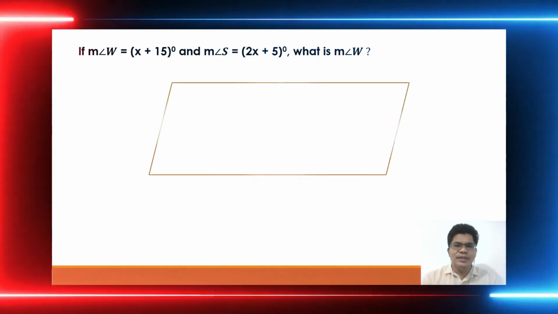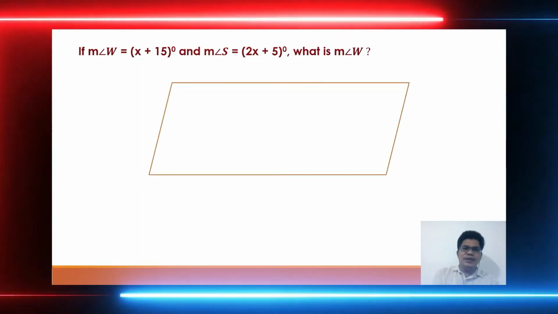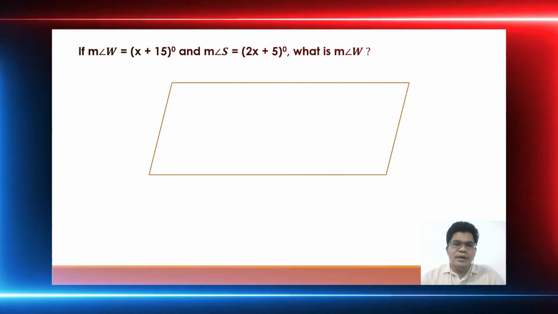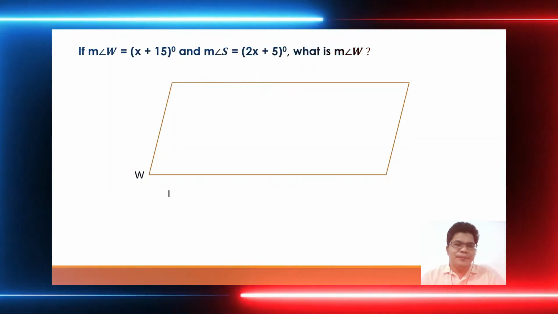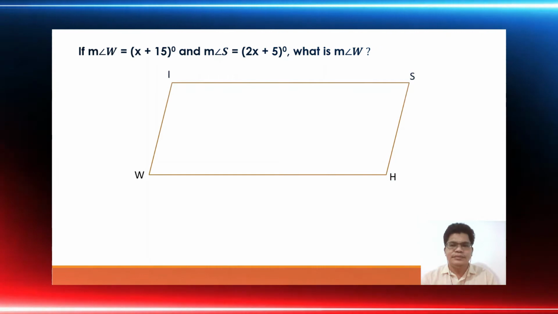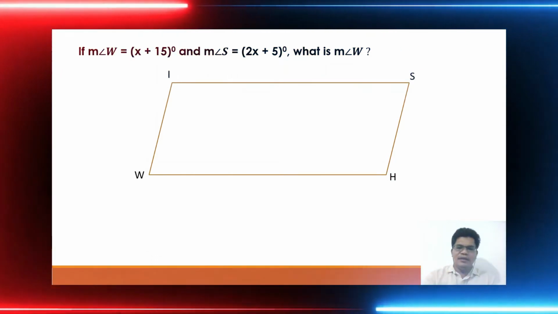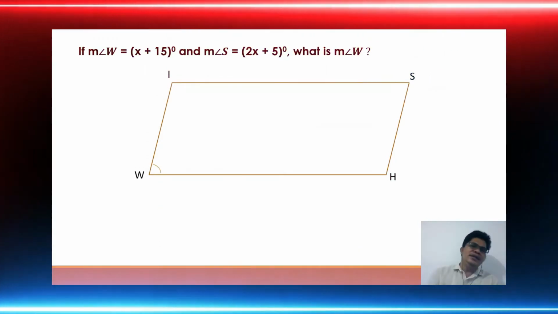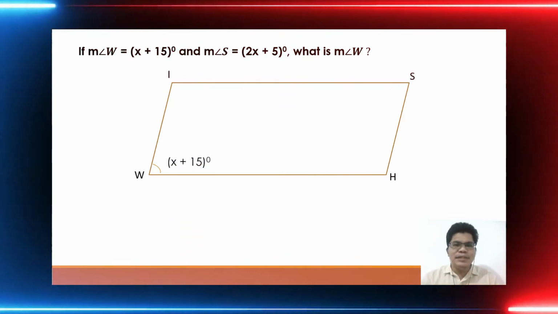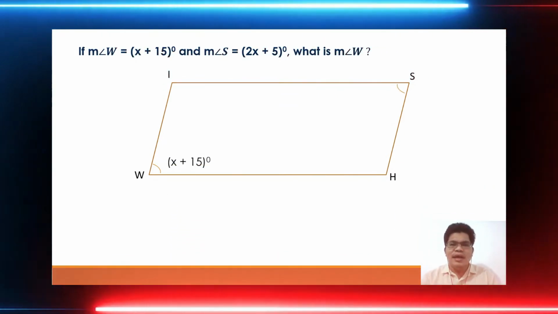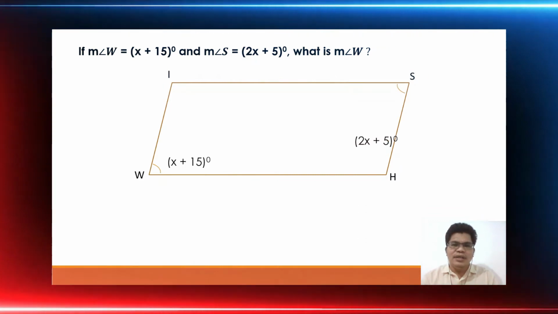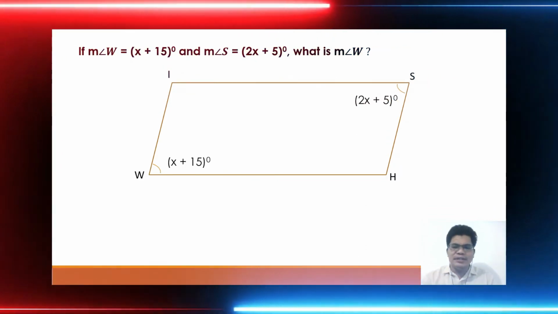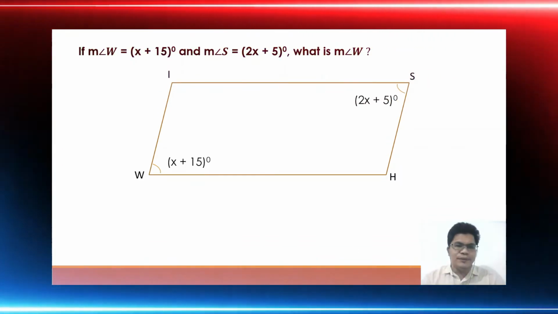Let us now draw the figure of parallelogram WISH. From the given, the measure of angle W equals x plus 15 degrees and the measure of angle S equals 2x plus 5 degrees. So what is the measure of angle W?